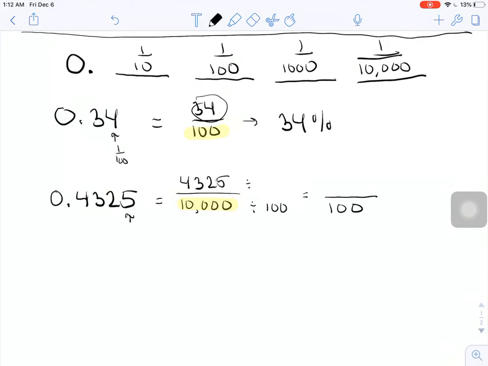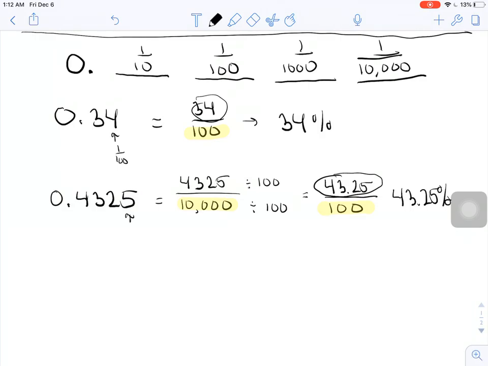But if I divide the bottom, I also have to divide the top. 4,325 divided by 100 is 43.25. Now that I have a denominator of 100, I can grab the numerator, and that is my percentage.